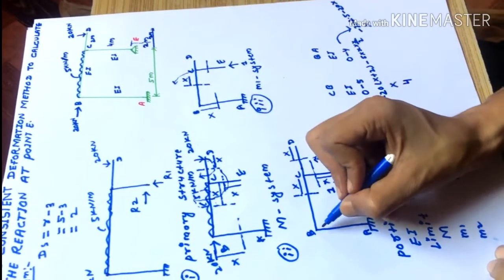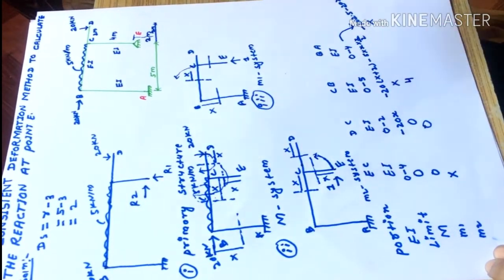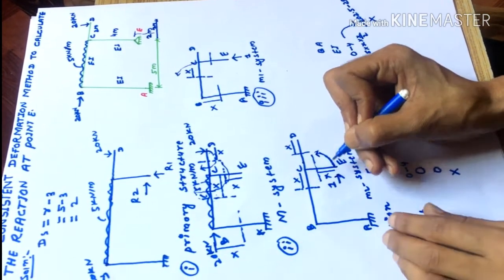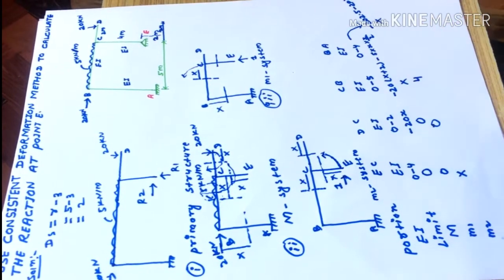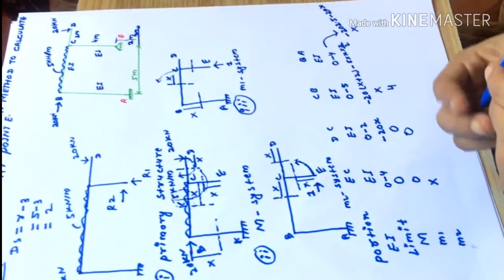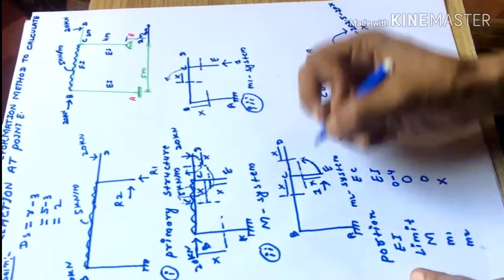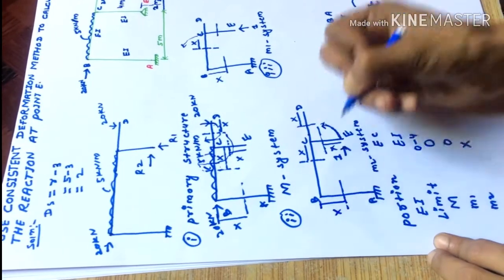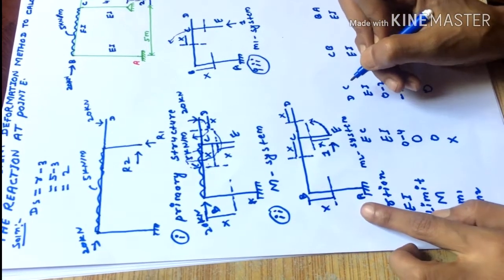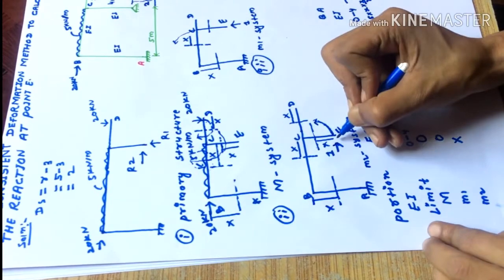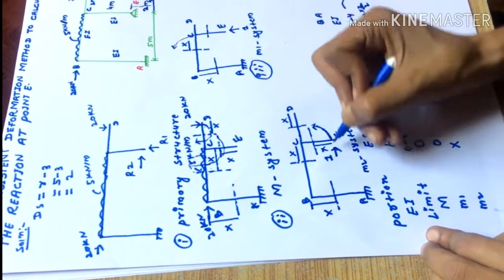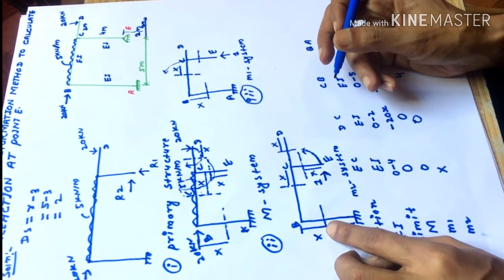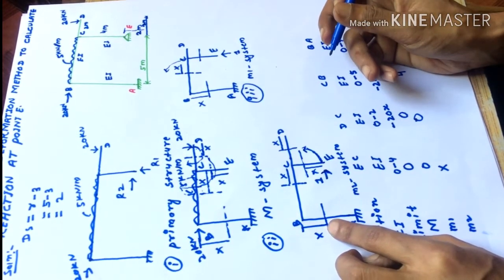Also the remaining portion is BA. Let us take a section at a distance of x from B. Here in the figure we can see this 1 kilonewton force will rotate this section in anti-clockwise direction, so take it as positive.